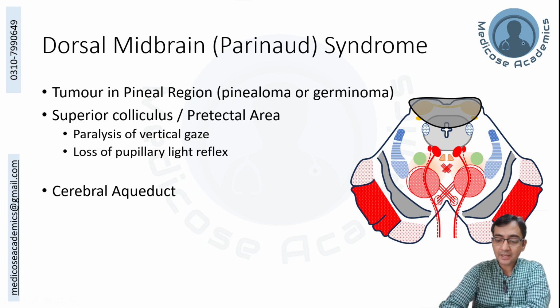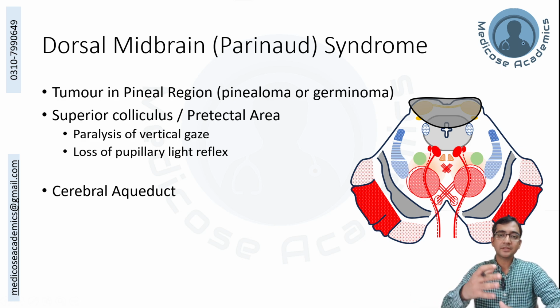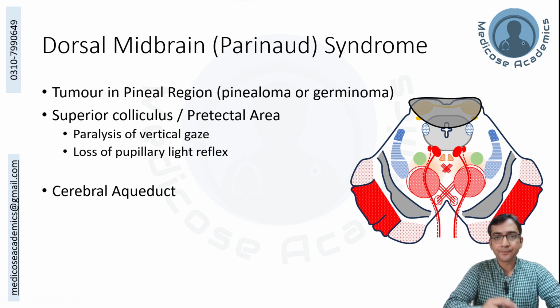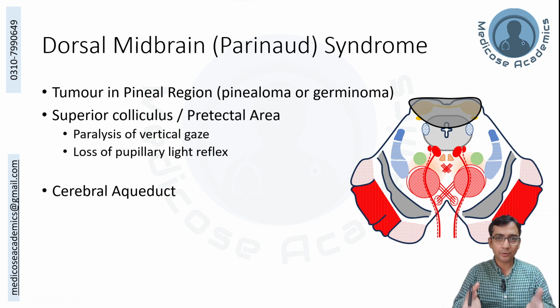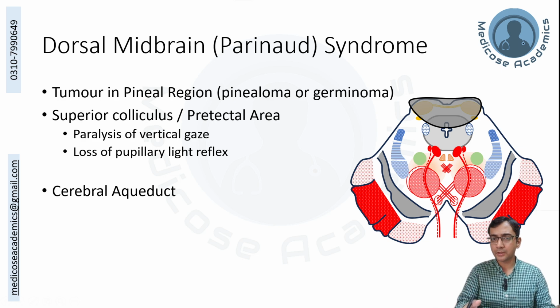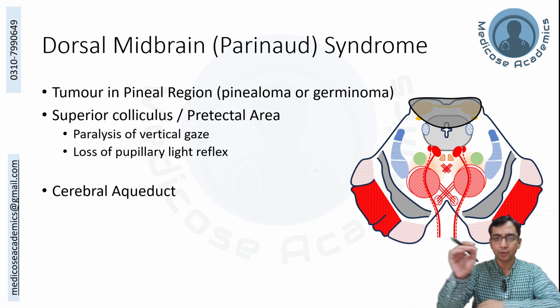Then there is the cerebral aqueduct. When the cerebral aqueduct is blocked, the communication between the third ventricle and the fourth ventricle is affected. The cerebrospinal fluid flows from the lateral ventricle to the third ventricle through the foramen of Monro, from the third ventricle to the fourth ventricle through the cerebral aqueduct, from there to the central canal of the spinal cord and to outside through the foramina of Luschka and Magendie, and then it bathes and goes out.